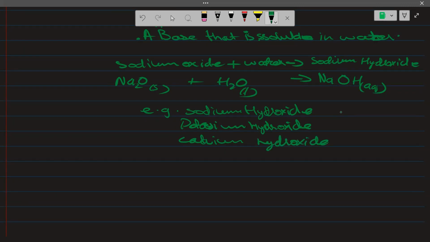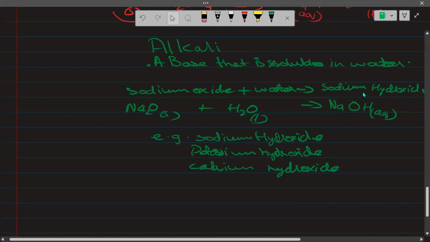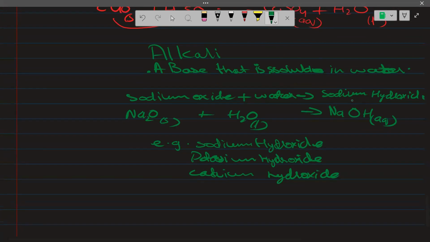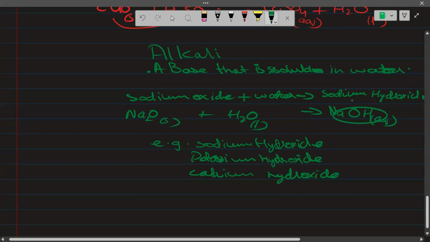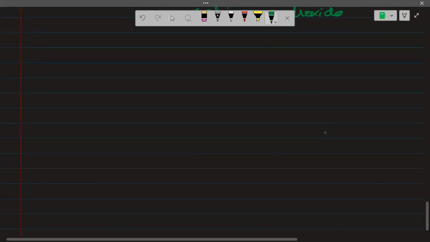So basically, an alkali is a substance that produces hydroxide ions, meaning OH negative ions, in aqueous solution. When a base mixes with water, it produces OH negative ions. Can you see these OH ions? So it produces OH ions when it dissolves in water. Let me write this definition.